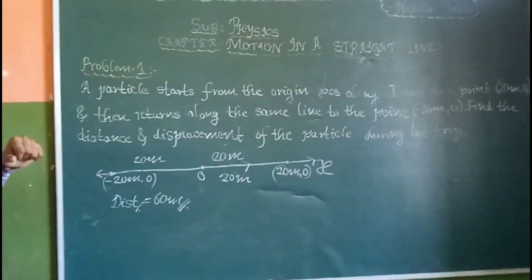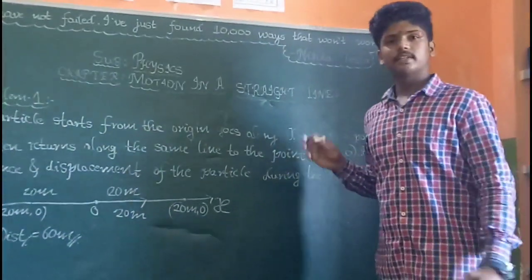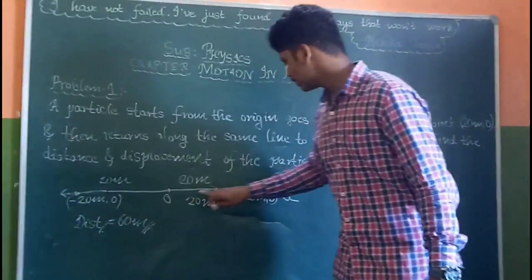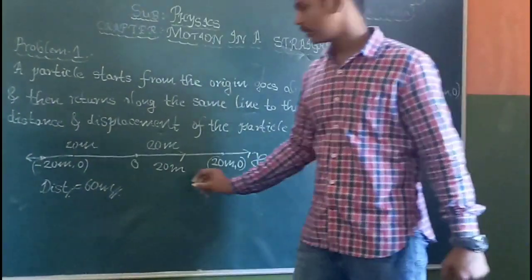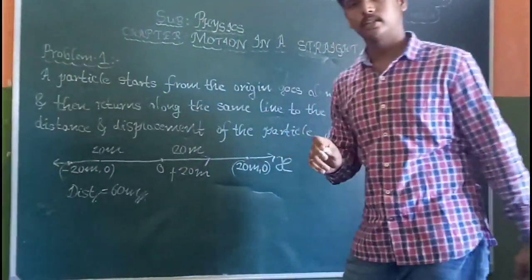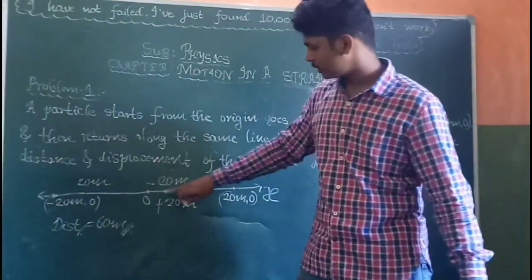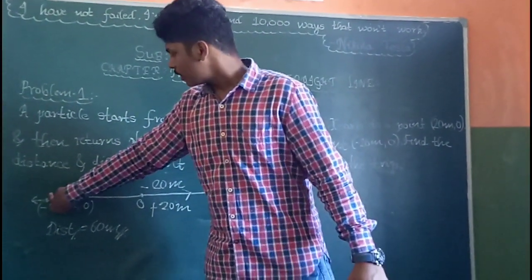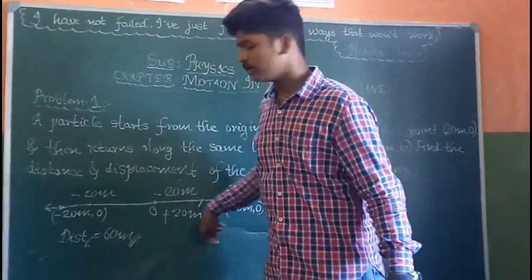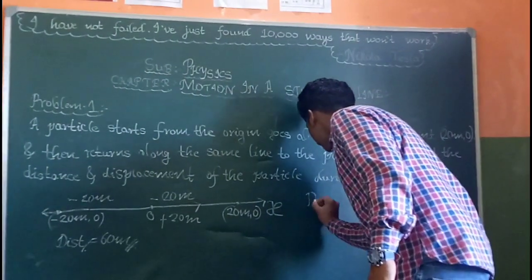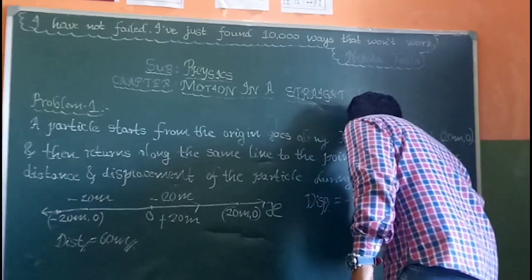How do we calculate displacement? Displacement can be calculated from sign convention. It has gone 20 meters along the x-axis, which we consider plus 20 meters. It has come back to the origin again, so this is minus 20 meters. Again it has come 20 meters towards the left, again minus 20 meters. The sum of these three gives the displacement, which is minus 20 meters.